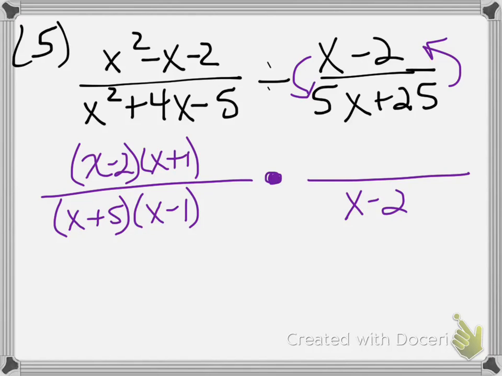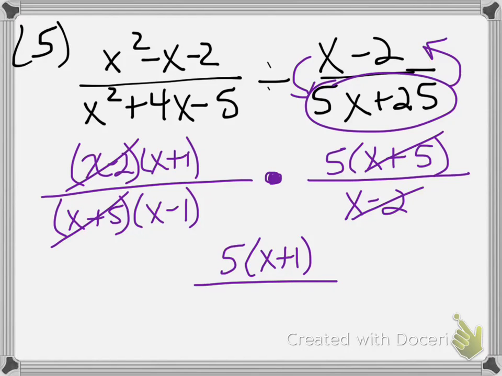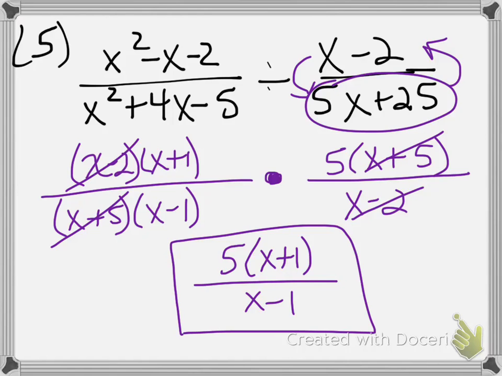But 5x plus 25, these things are both divisible by 5. So I'm going to take the 5 out, and that leaves me with x plus 5. Now when I cancel this, x plus 5, x minus 2, I'm left with a 5 and an x plus 1 in the numerator, and an x minus 1 in the denominator, and I can leave my answer just like that.